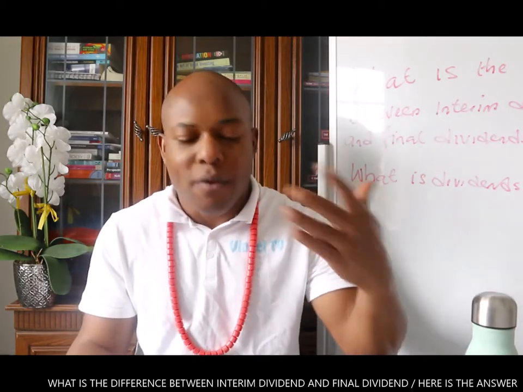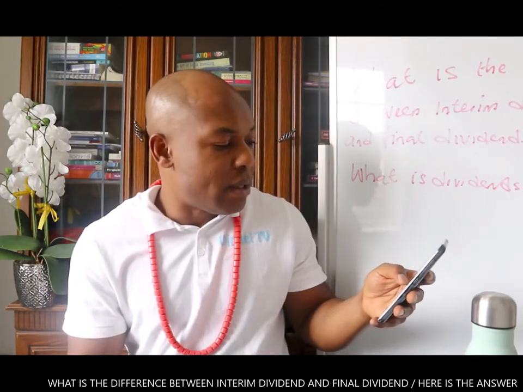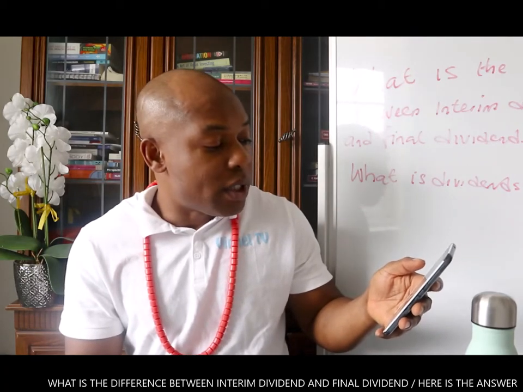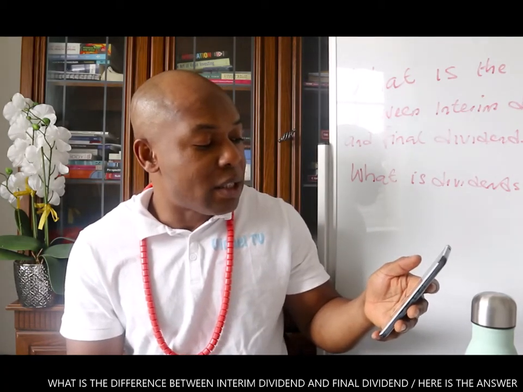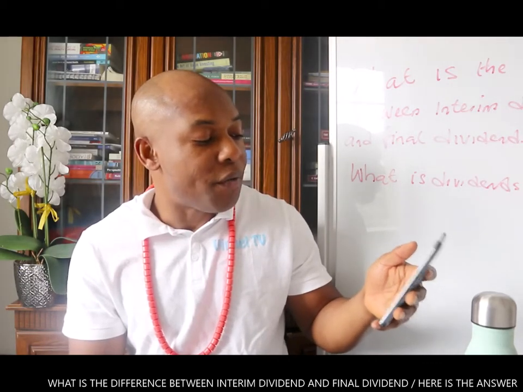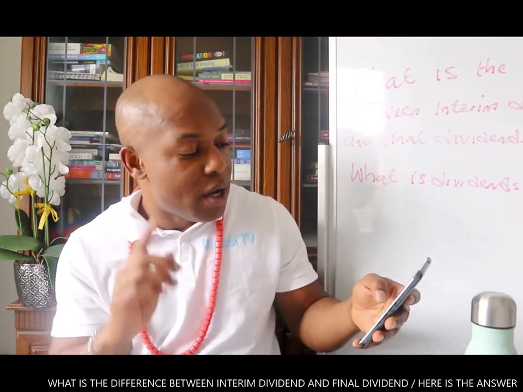Let me search the meaning of dividend, right? Dividend, from Google, is a sum of money paid regularly, typically annually, by a company to its shareholders out of its profit or reserve.